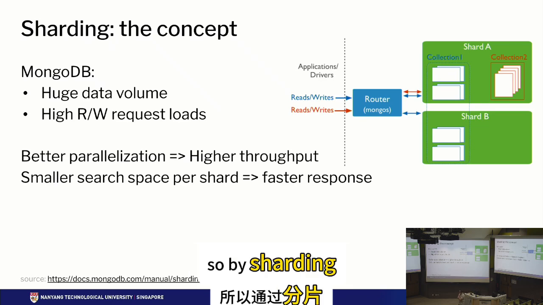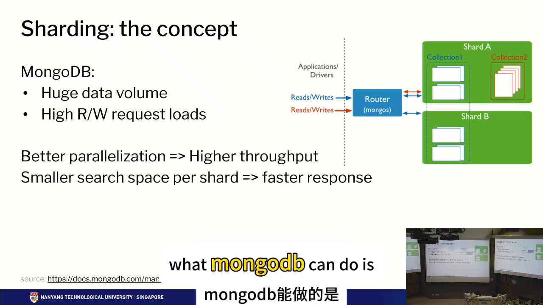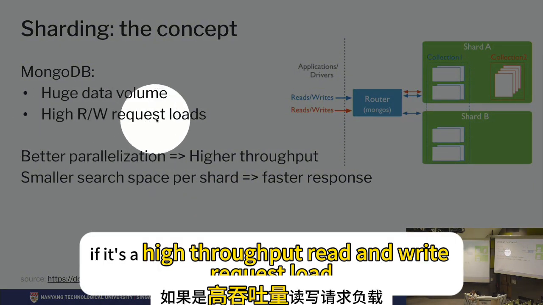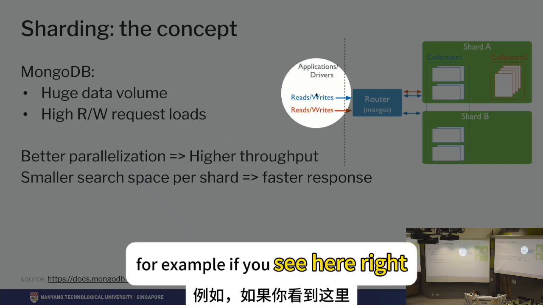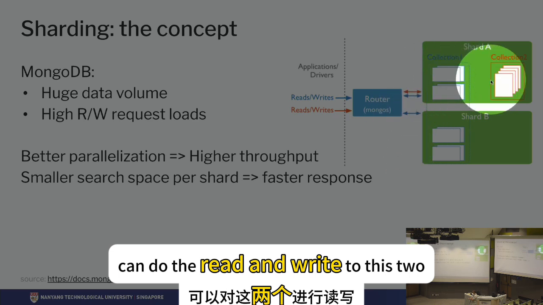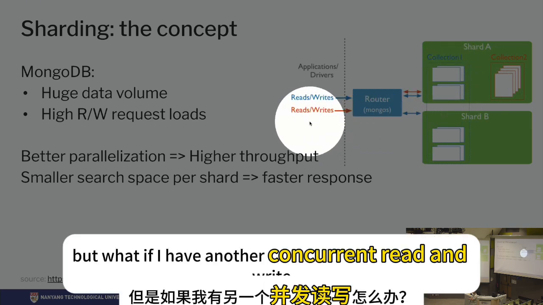So by sharding, what MongoDB can do is, if it's a high-throughput read and write request load, for example, if you see here, I can do the read and write to these two, but what if I have another concurrent read and write?